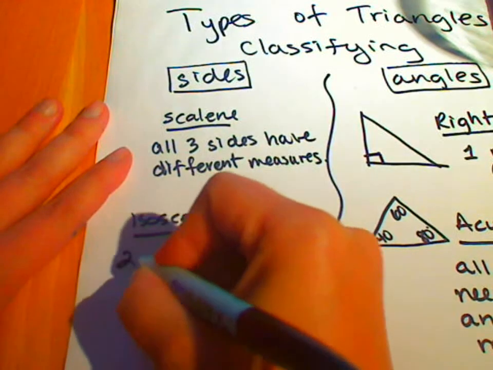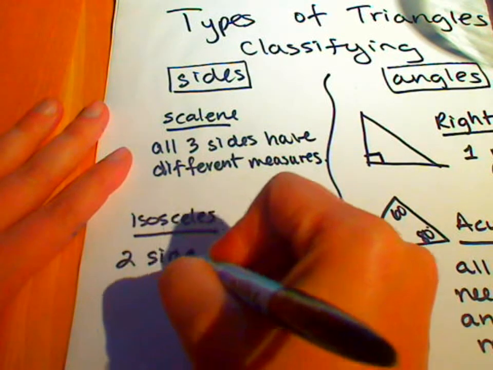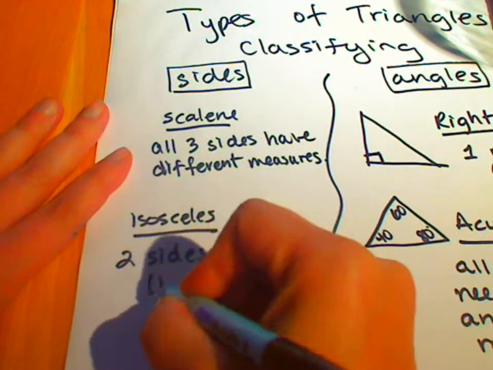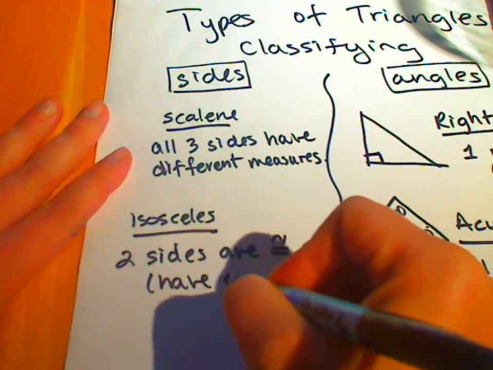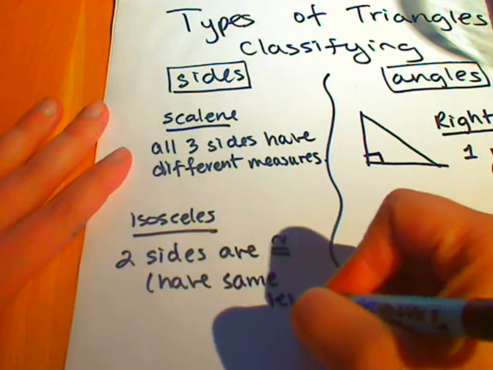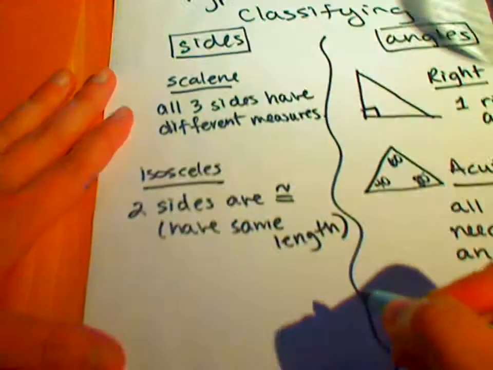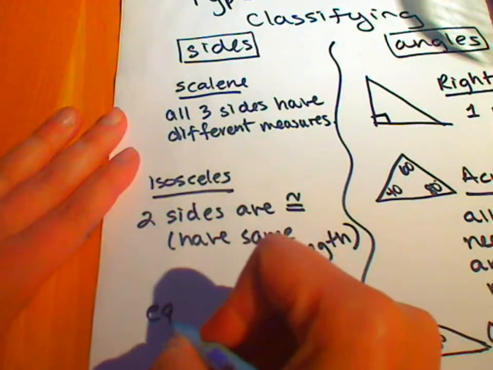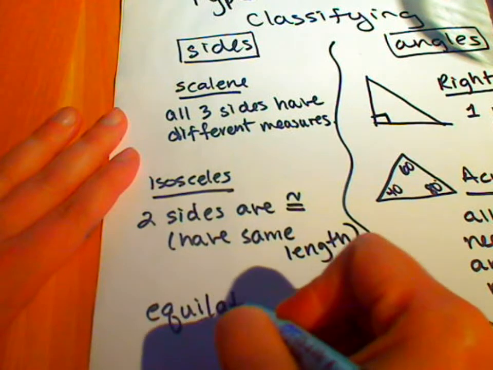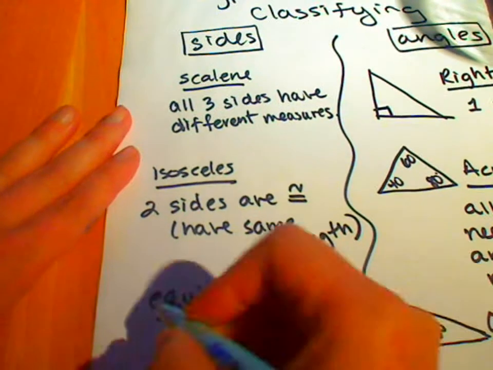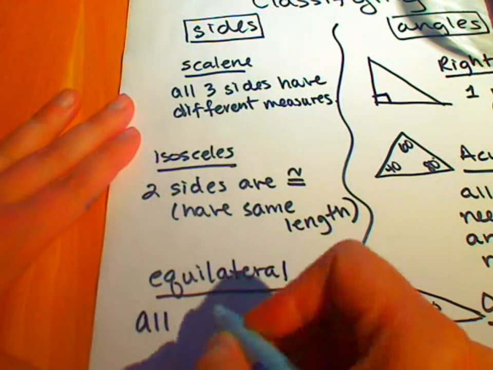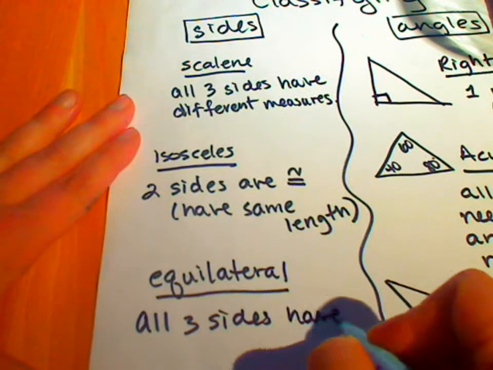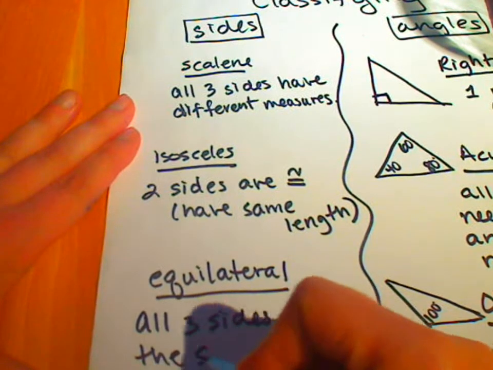Two sides of the triangle are congruent, so they have the same length. And then you have an equilateral. All three sides have the same length.